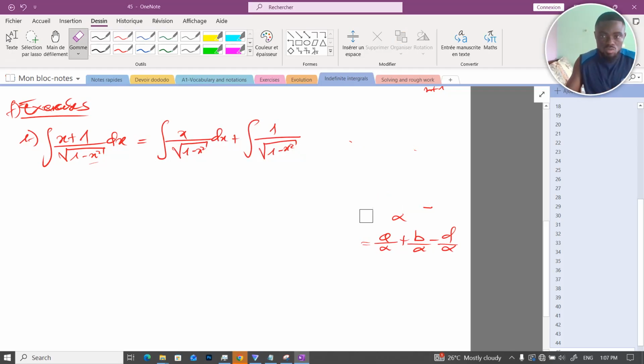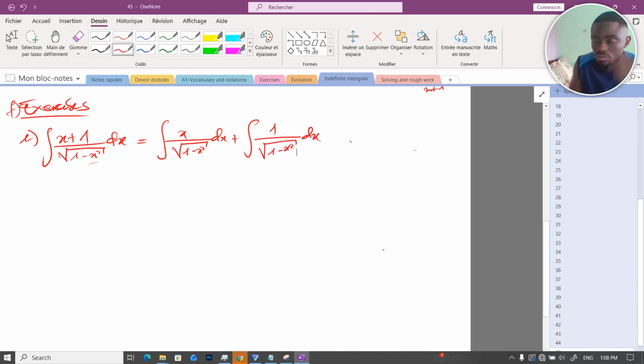Okay, so this will be equal to this. Now there is something important I want to tell you here. Whenever you are in an exam, we saw previously how to integrate 1 over the square root of 1 minus x squared, the integral of minus 1 all over 1 minus x squared, and the integral of 1 all over 1 plus x squared dx.